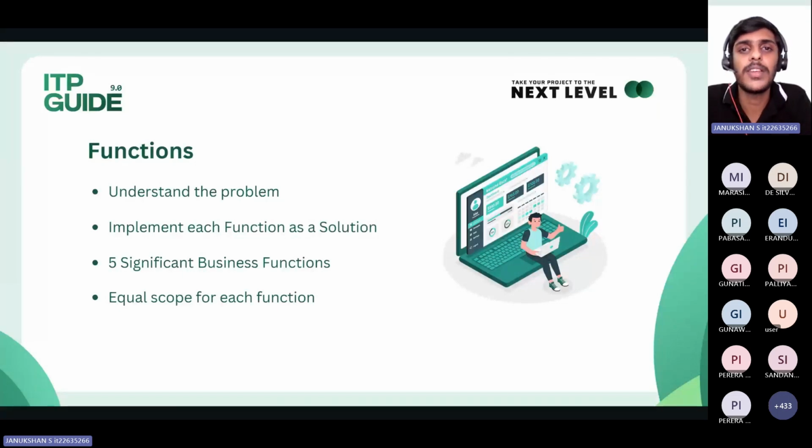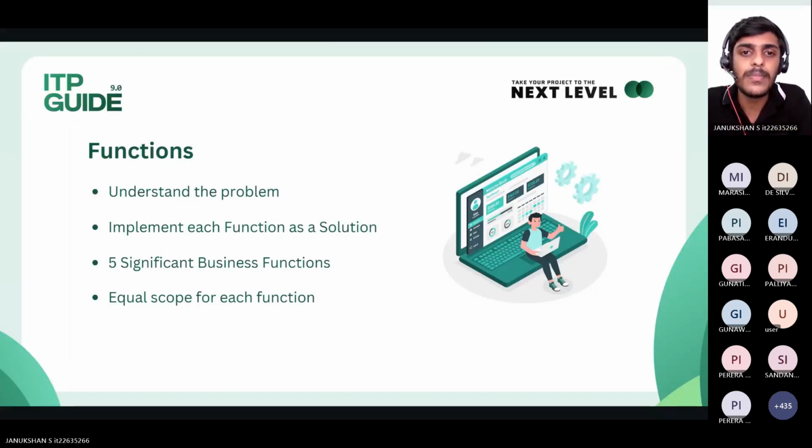For example, if we take employee management or inventory management, these are not just simple CRUD functions, but a collection of all related functions together, which gives us an integrated solution. So these are business functions. You must have 5 business functions in your project.